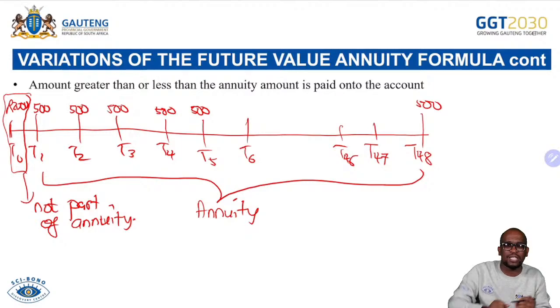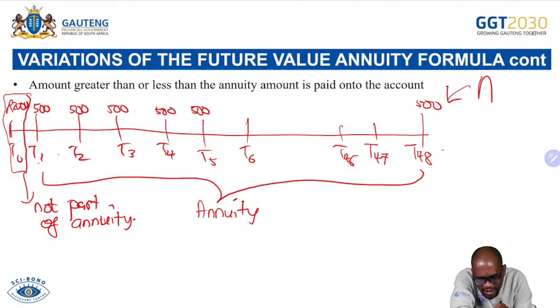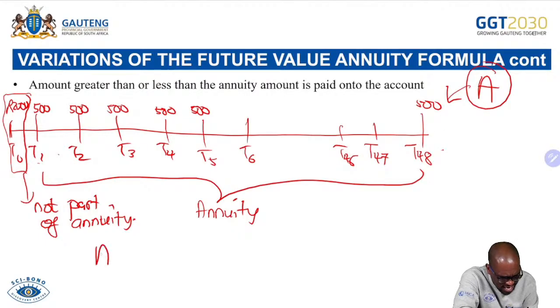How do we deal with that? So now what we need to do is we look at the money that forms part of the annuity. So our future value, if it happens that we are withdrawing the money here and we say that is A, all right? Remember, the annuity stops here, so that is where we get F. All right?